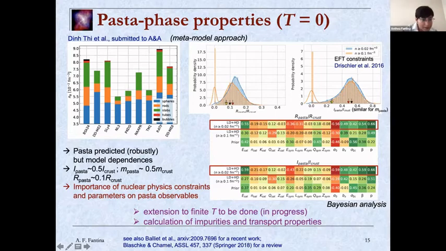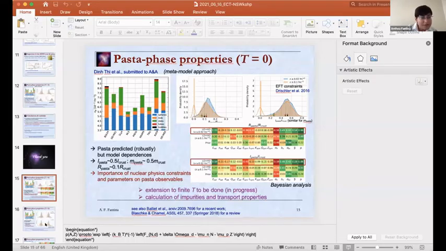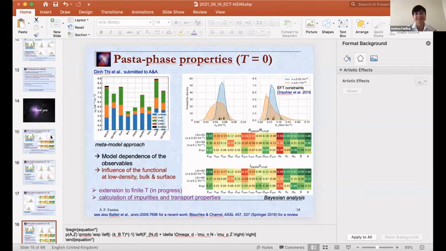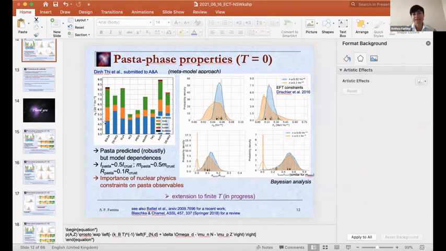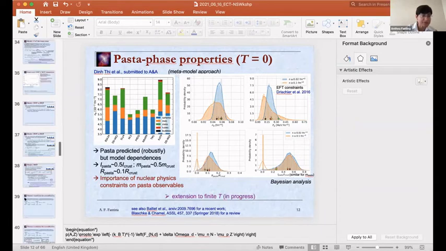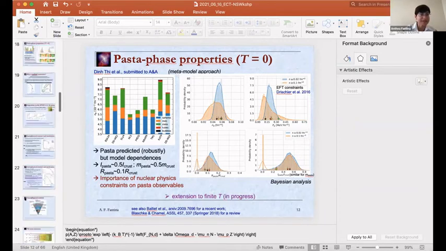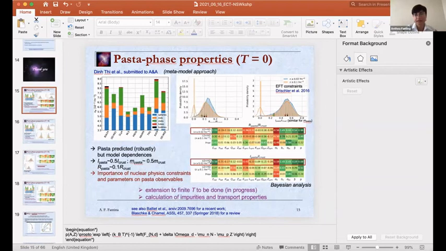We have it in the paper, but there are indeed some correlations on the density between the spherical and non-spherical pasta on some bulk properties. I'm trying to see if I've put it in my backup slides, but I only have the one for the pasta radius. But you do see some correlation with both bulk and the surface. So the surface also is very important. Okay, thank you very much.